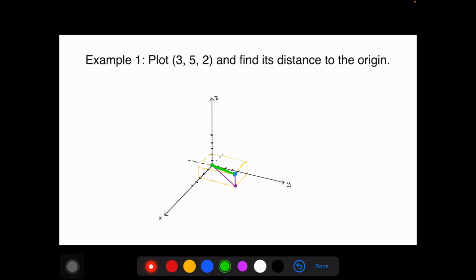And I noticed that I can draw a right triangle sitting up on that xy plane. And let me just draw a side view of that triangle. So I've got this little triangle here in purple I'm going to use to find that distance. So again, I'm trying to find this distance d. That's the distance from the origin to the point.